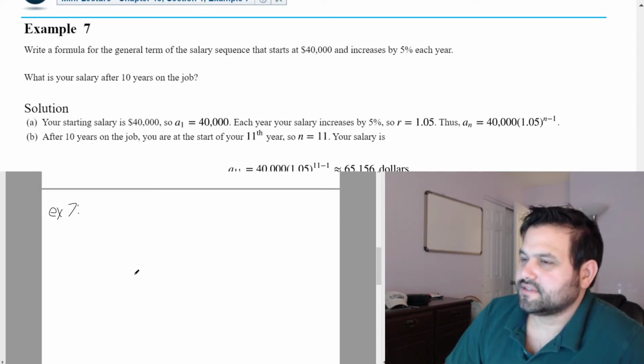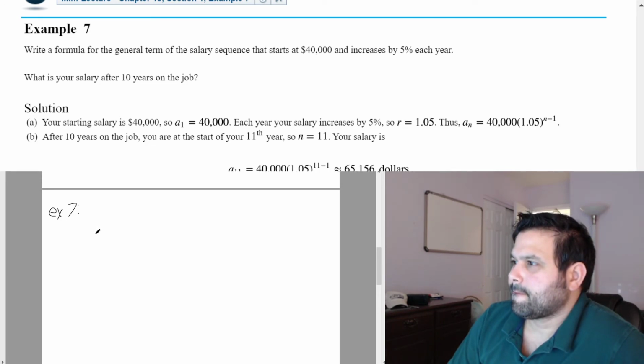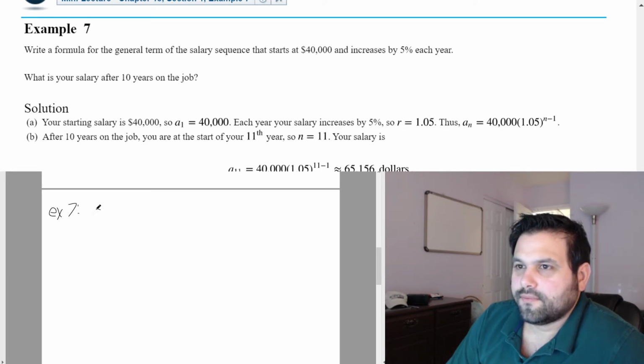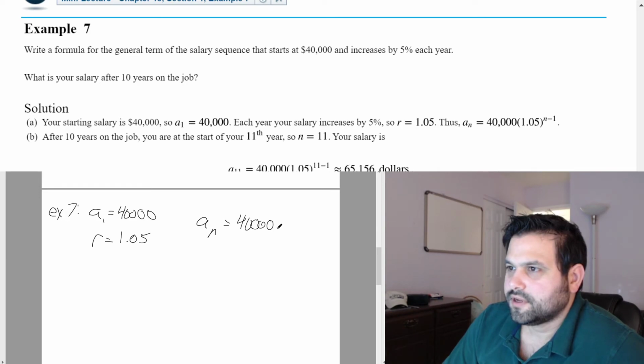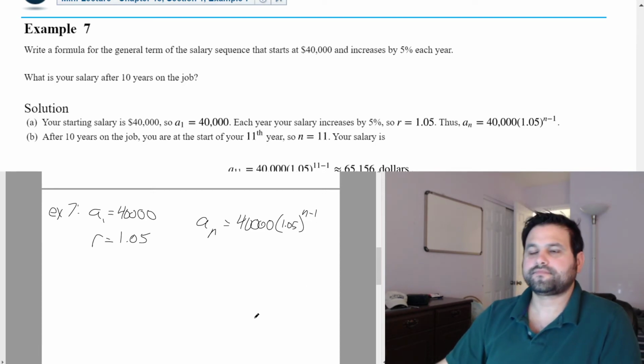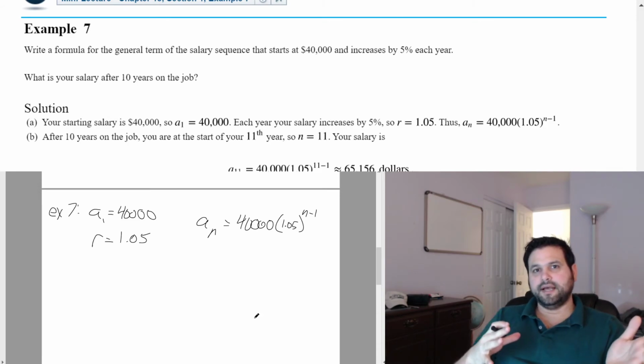All right, let's see. So what's a sub 1? 40,000. Our r, 1.05. And so the general form is a sub n equals 40,000 times 1.05 to the n minus 1. Okay, so here's why I messed up last time.